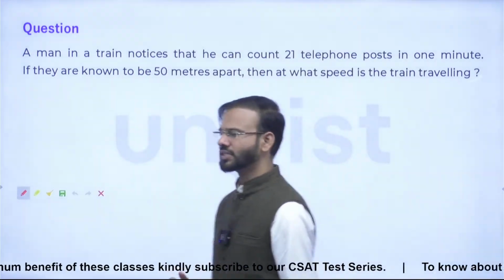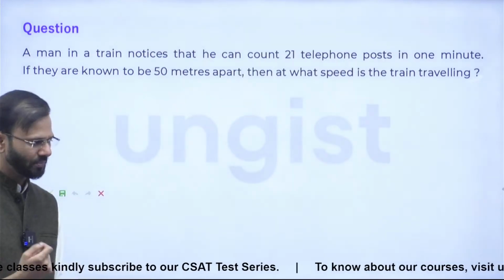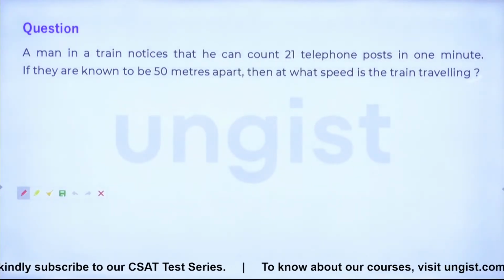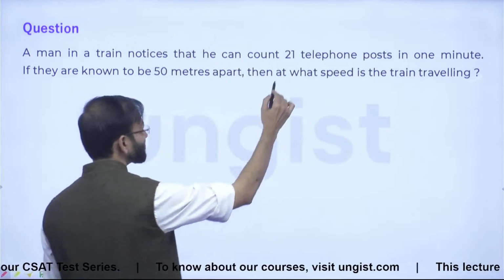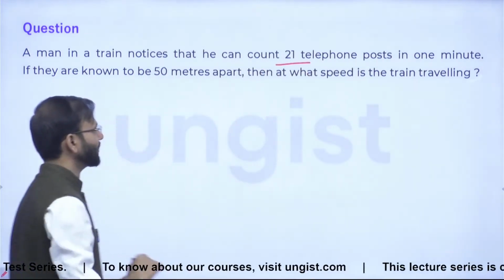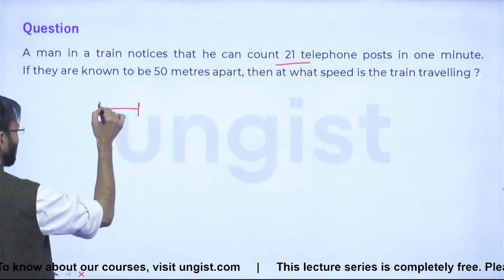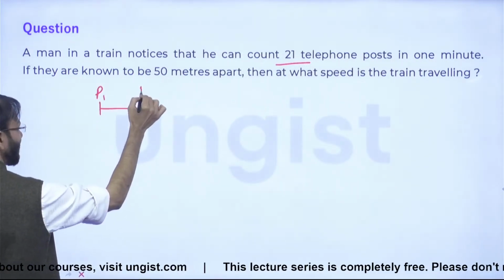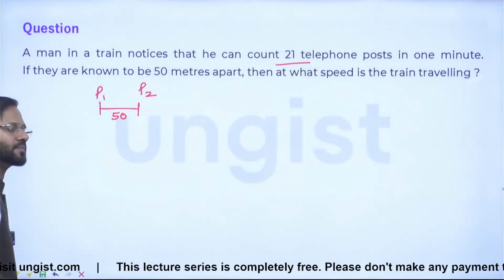Now, let me tell you one important observation, right? How many electric poles are there? Or telephone poles, whatever is written? There are 21, right? For example, there are only 2 poles, pole 1 and pole 2, and they are 50 meters apart.